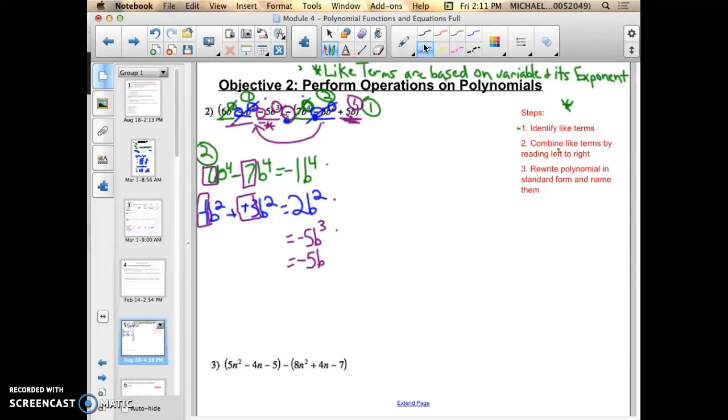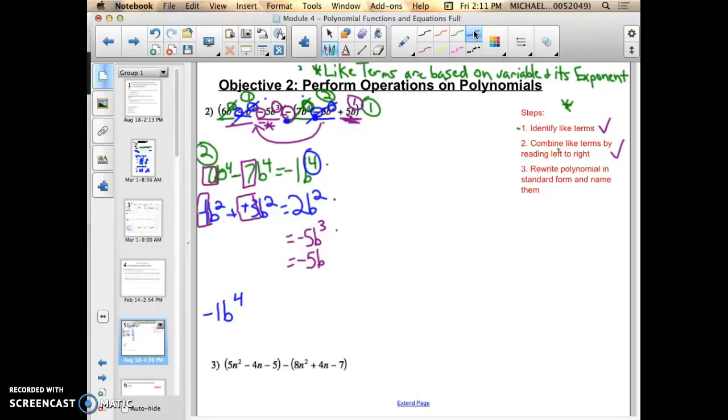At this point, I am done with steps 1 and step 2. I identified all like terms and I combined all like terms reading left to right. Now, my final step is to rewrite the polynomial in standard form and then name it. So, in order to do that, standard form is the highest power to the lowest power. The highest power, and from step 2, is the power of 4. So that term is -1b to the 4th.